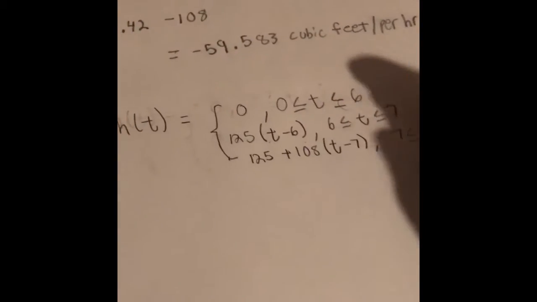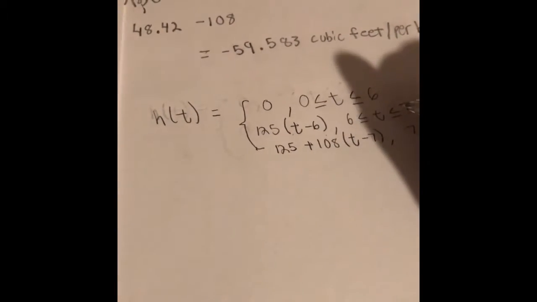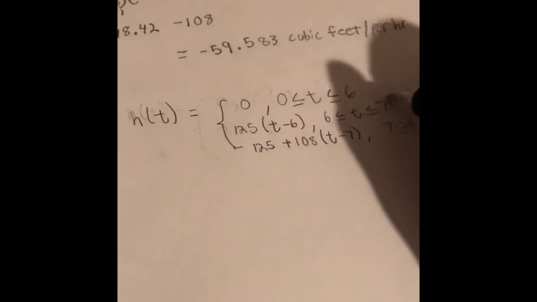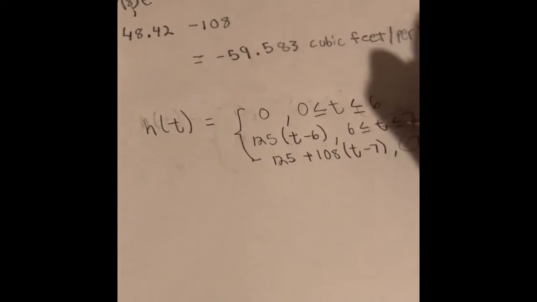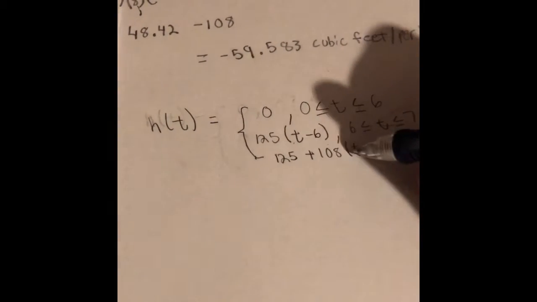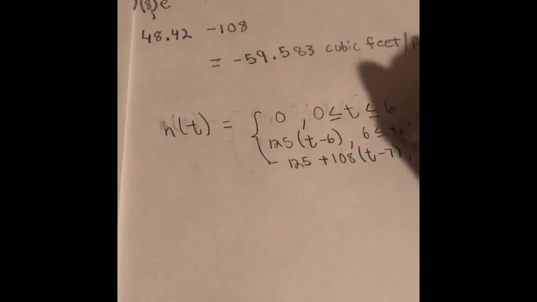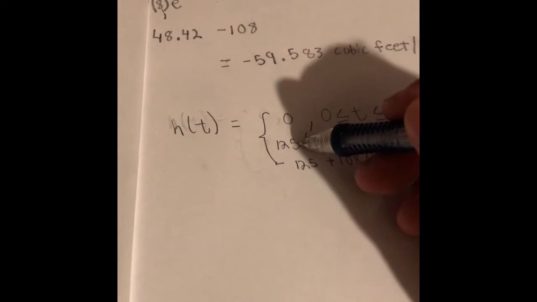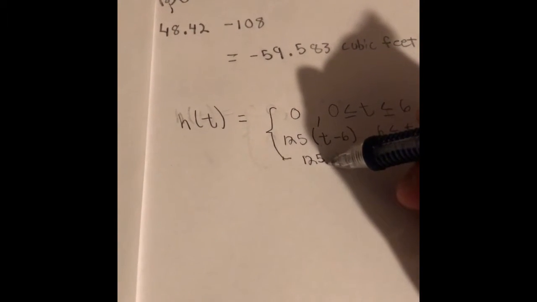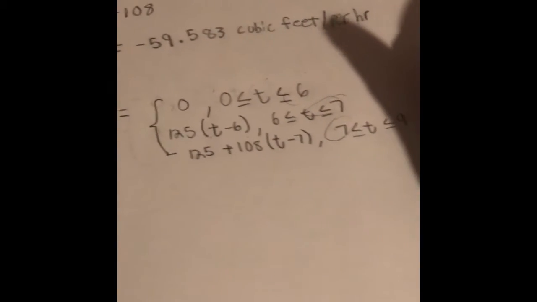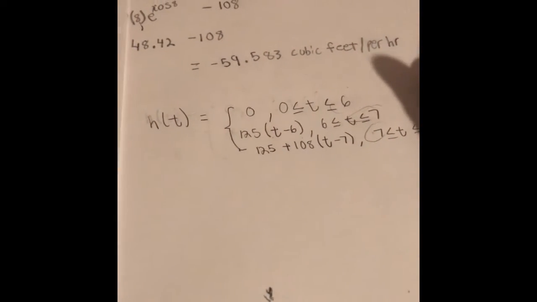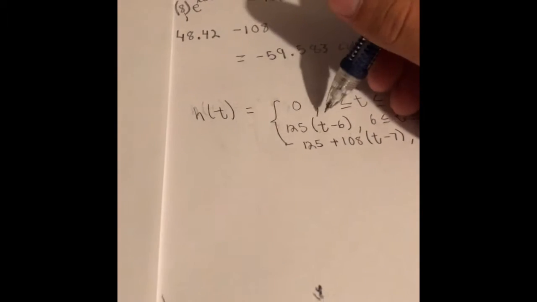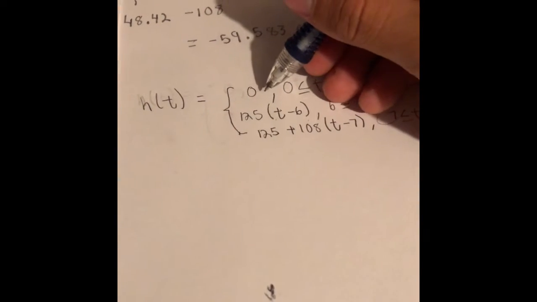For this, it's the same: we have to stay consistent. So 7 minus 7 is 0. From this one, we get 125, so that's why we have 125 here to compensate for that. Everything has to build off each other.